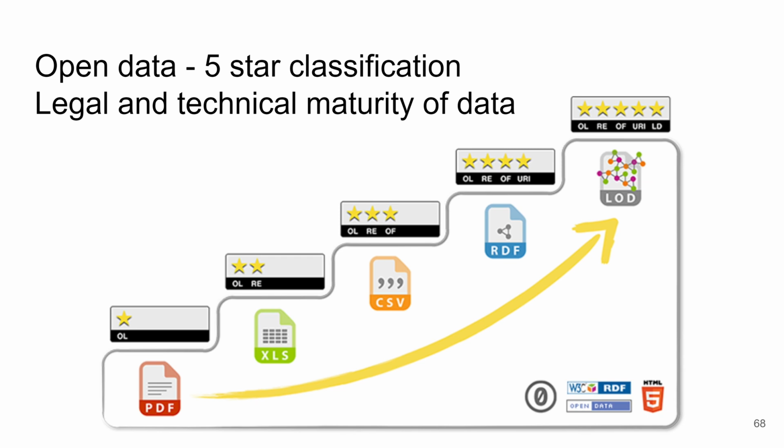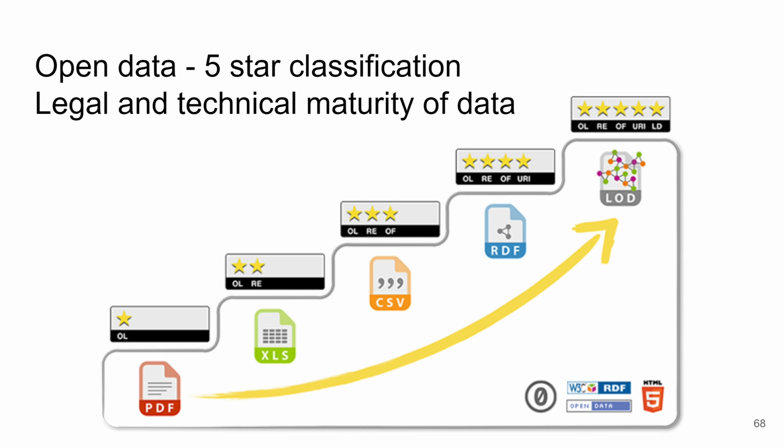Then, if you want to make the data technically better, you publish the data in the format you actually work with the data. So if you work with the data in Excel, you publish the data as an Excel file. If you do this, so structured data remains structured, you have 2-star open data.